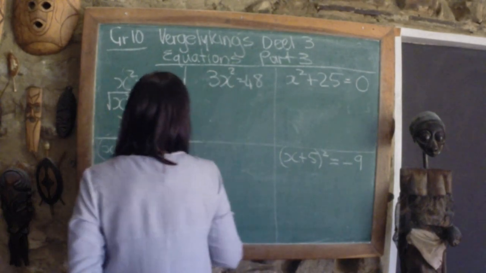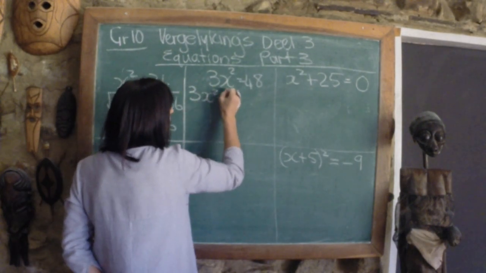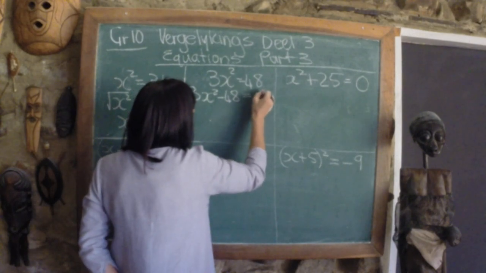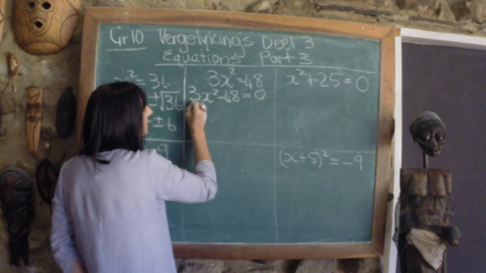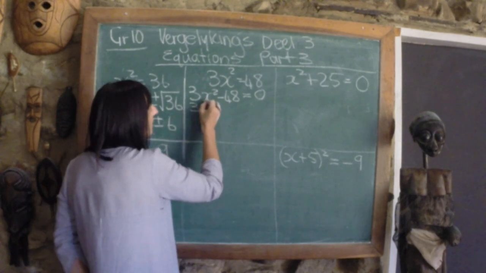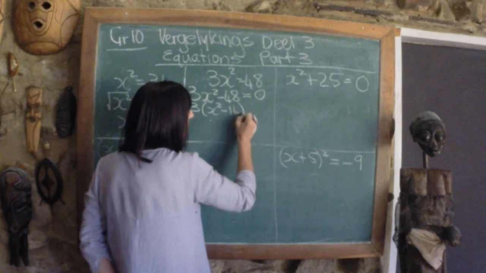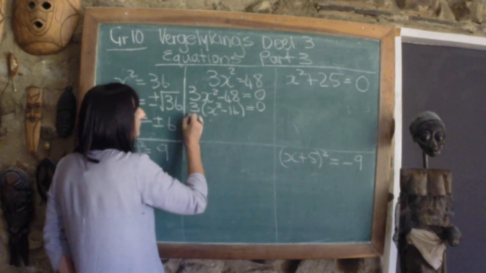Let's do this one. If you do the factorizing method, alles een kant toe, gelyk aan 0, ons faktoriseer, haal eerste my 3 uit as 'n GGF, dan bly daar oor x kwadraat minus 16. Dan faktoriseer ek verder.